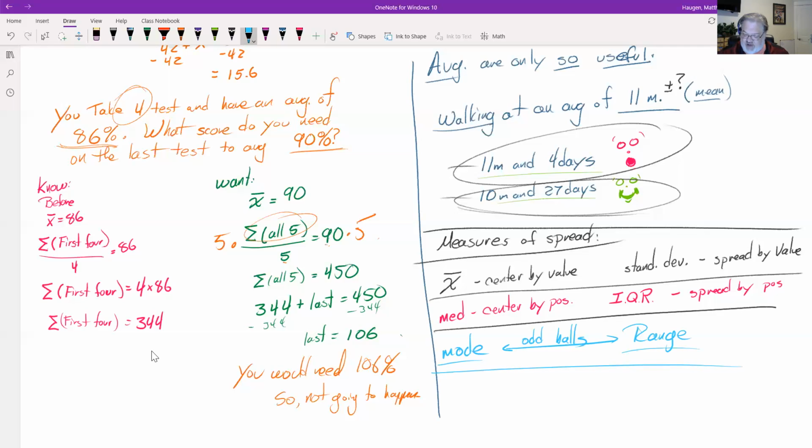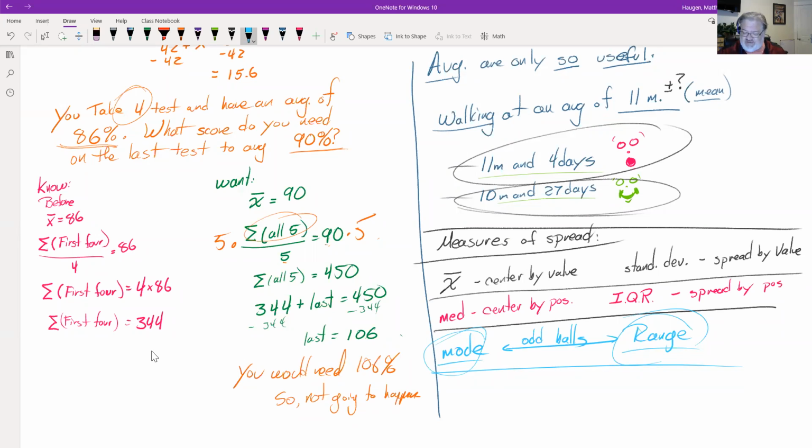Range is really easy to find, and both of these, frankly, aren't very useful. So we'll talk about the existence of range, but then we'll use it for almost nothing. We talk about what mode means, but we won't use it a lot. So you can kind of keep these on the fringe. But mean and standard deviation, that's a pair we're going to use throughout the entire class. Median and interquartile range, that's a pairing that we will use not as much, but a lot, to give us a sense of spread.